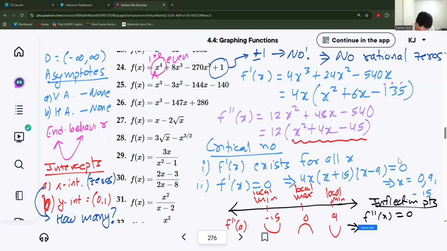And that gives you, factor it, again product is 45, difference is 4. I guess you can see easily that's x plus 9 and x minus 5, right? So your values are minus 9 and 5.